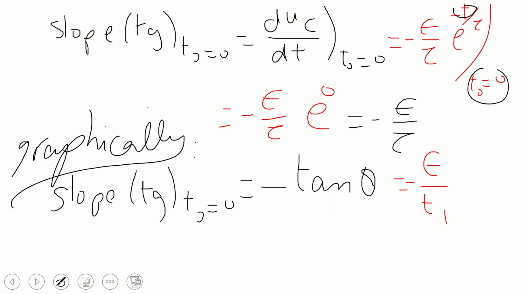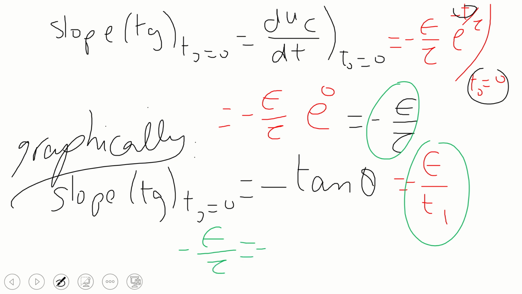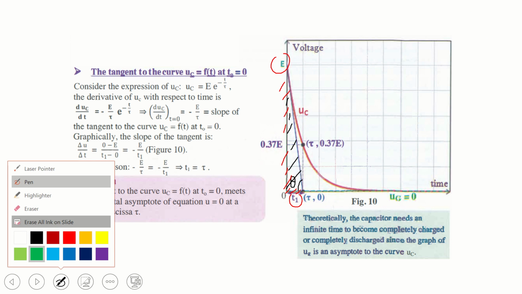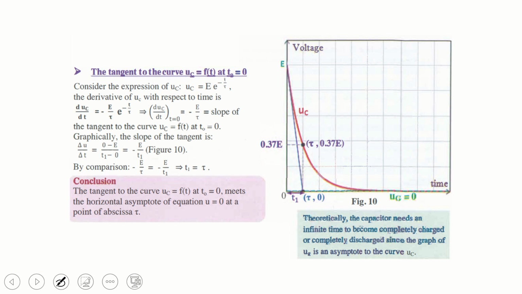So the slope equals minus E over tau and minus E over t1. Then minus E over tau equals minus E over t1. Thus, t1 equals tau. What do we conclude? The tangent to the graph of UC as a function of time at t0 equals 0 cuts the time axis at the point t1, with the abscissa t1 equals tau.